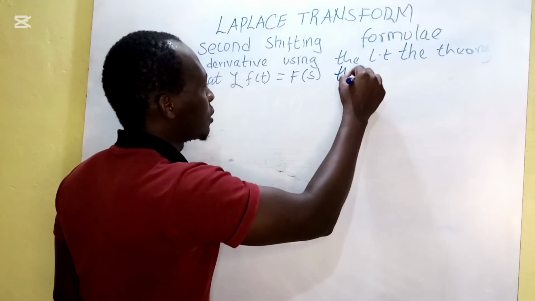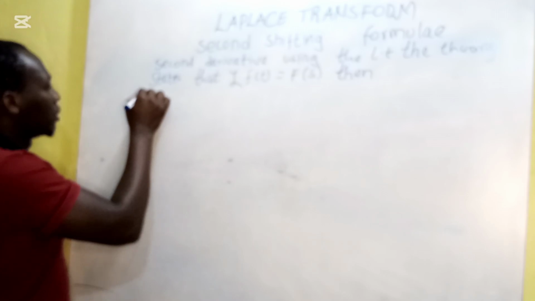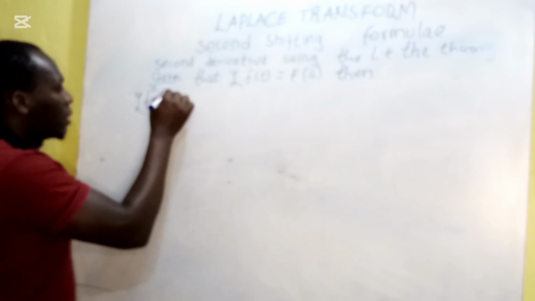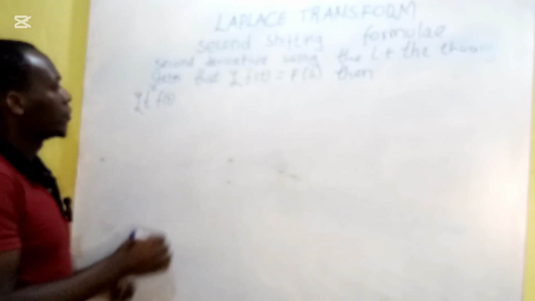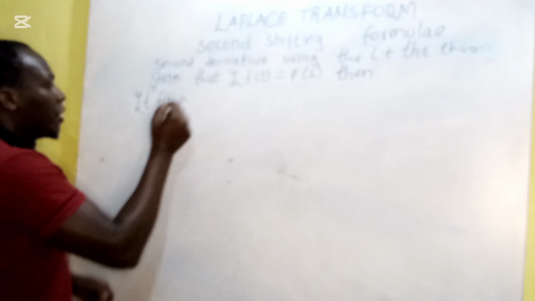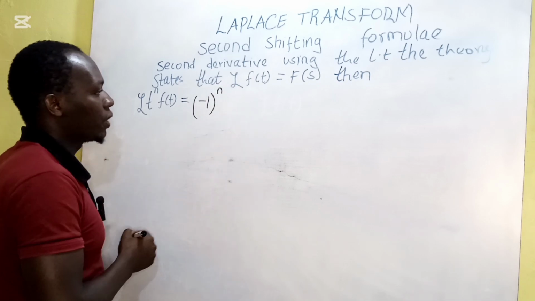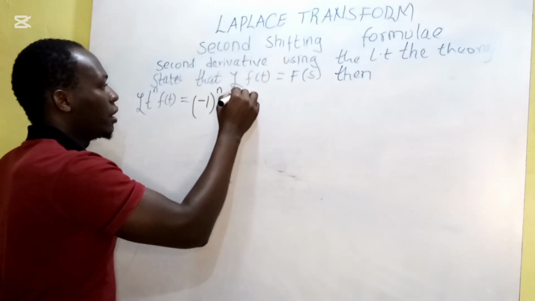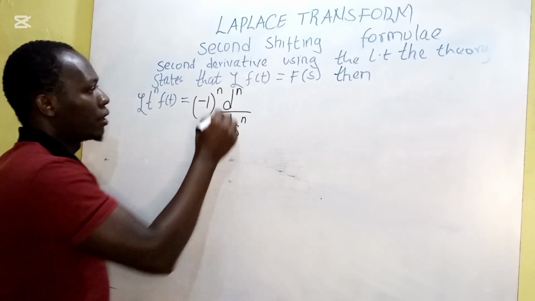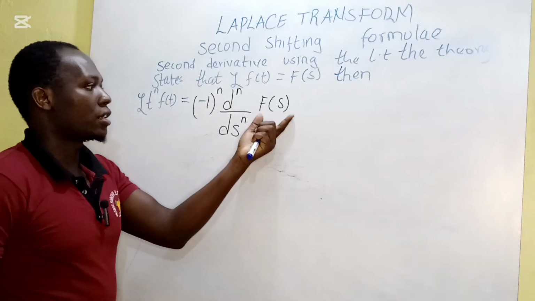Then we can say the Laplace transform of t to a power of n, multiplied by our function f of t, is equal to negative 1 raised to a power of n, d^n over ds^n, multiplied by our function F of s.